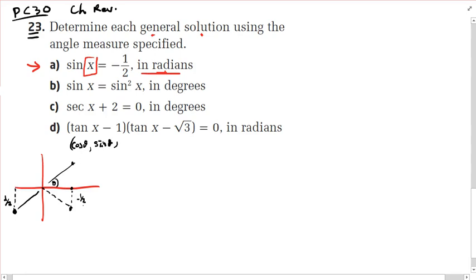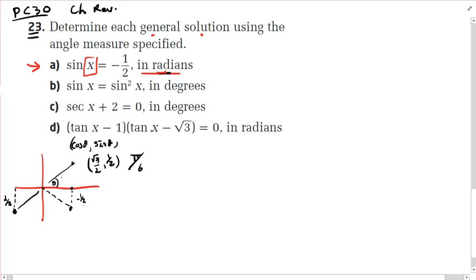Again, you can look on your unit circle, but where we have √3/2, comma 1/2, that is going to be 30 degrees. Over √3/2 up 1/2, so 30 degrees, or in radians, that's pi/6 radians.